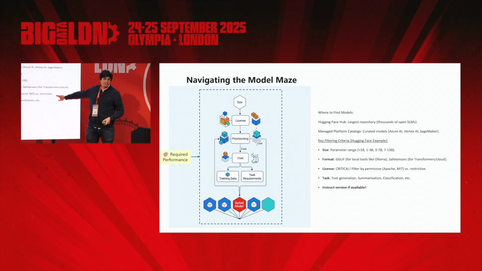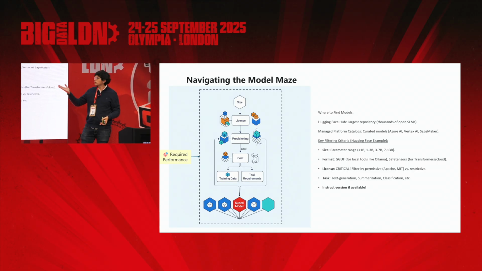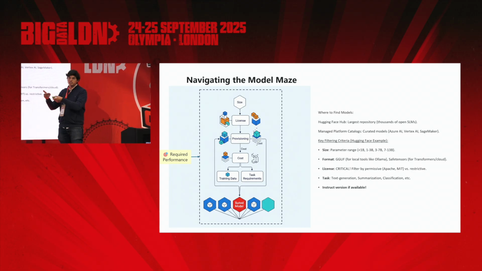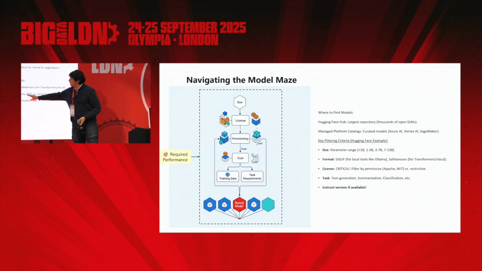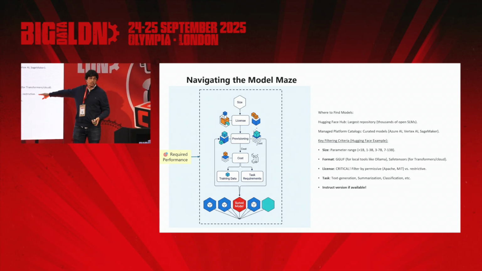Always look at the license. To give a very concrete example, when Llama 4 was launched, some of the licenses did not allow for use by companies based in Europe. So when you pick a model from HuggingFace, make sure you're familiar with the terms and conditions.